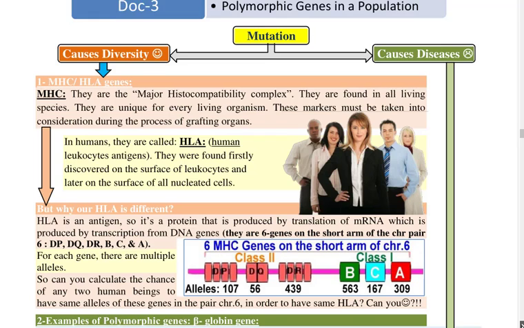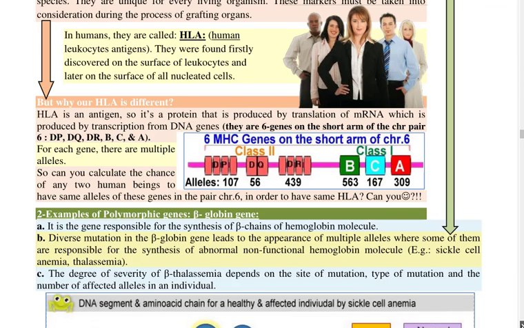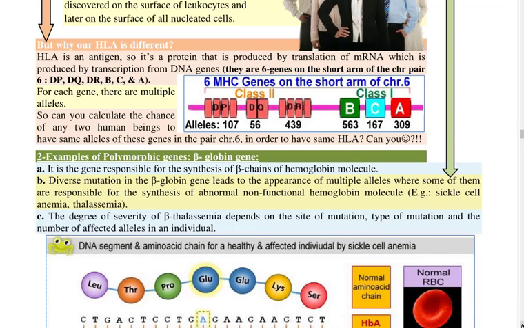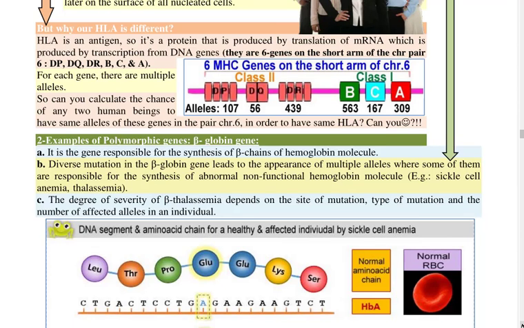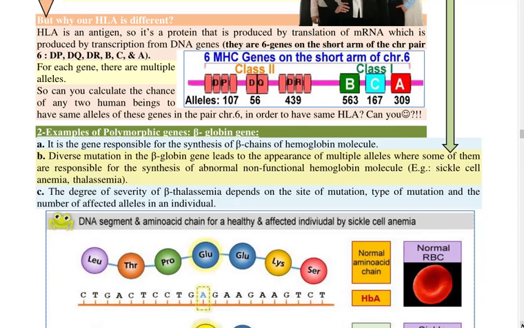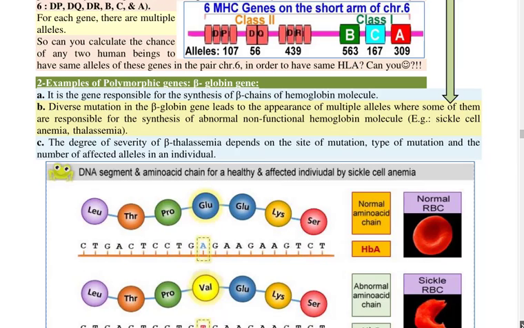No one has the same combination of MHC due to the high number of alleles of these genes. So each one of us will take one allele by random. That's why it is impossible for two humans to have exactly the same MHC, except identical twins.